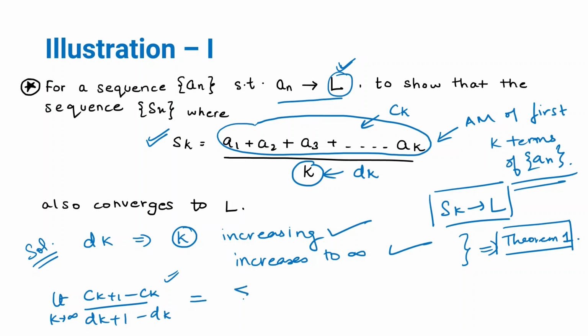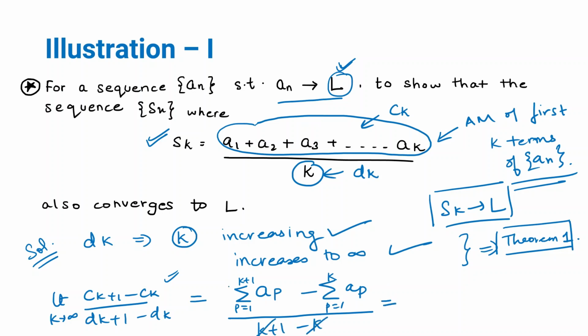This is going to become the sum of ap, where p is from 1 to k plus 1, minus the summation from p equal to 1 to k of ap. And in the denominator it's simply k plus 1 minus k, which is simply 1.